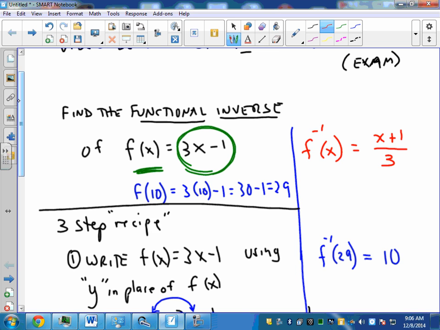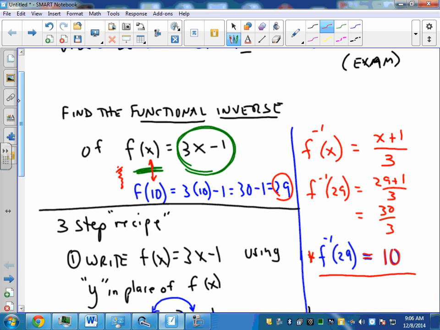And just to double check to see whether this worked, we put 10 into x for f, right? And we got 29 out. So if we want to undo that, f inverse of 29 is going to be 29 plus 1 over 3, which is 30 over 3, which sure enough is 10. Okay, so we found a function that undoes that. Not terribly hard to do.